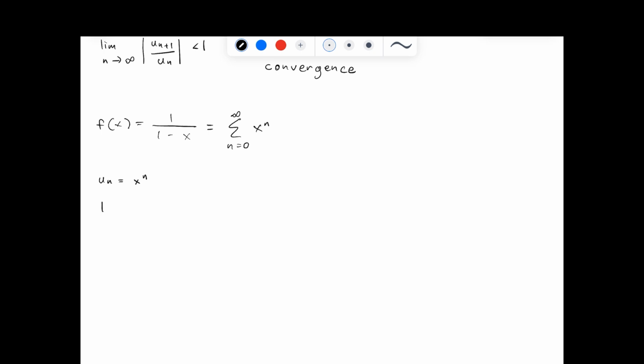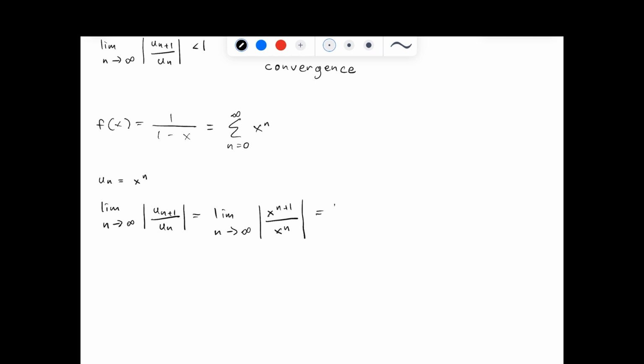And if we consider the limit as n approaches infinity of u sub n plus 1 over u sub n, we'll get the limit as n approaches infinity of the absolute value of x to the n plus 1 over x to the n.